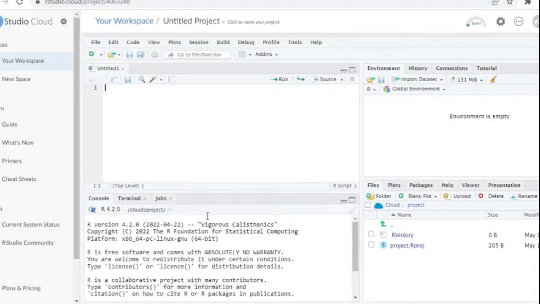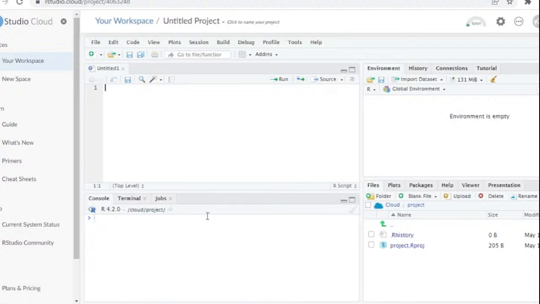See, Control L cleared, Control 1 opened my console. So you don't worry about losing a file. If there is an issue with your system, your file is always saved in RStudio Cloud. This was in beta phase till last year, but recently I think they released it.